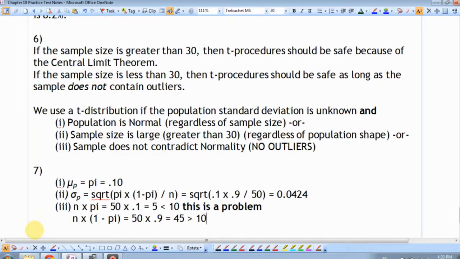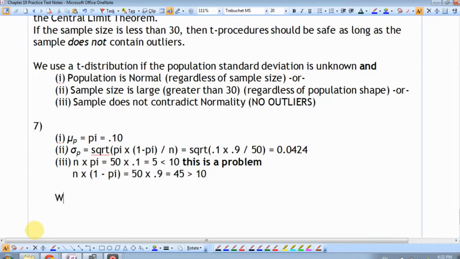That's no problem. So the only problem here is n times pi is not greater than 10. We cannot use normal procedures because n times pi is not greater than 10.